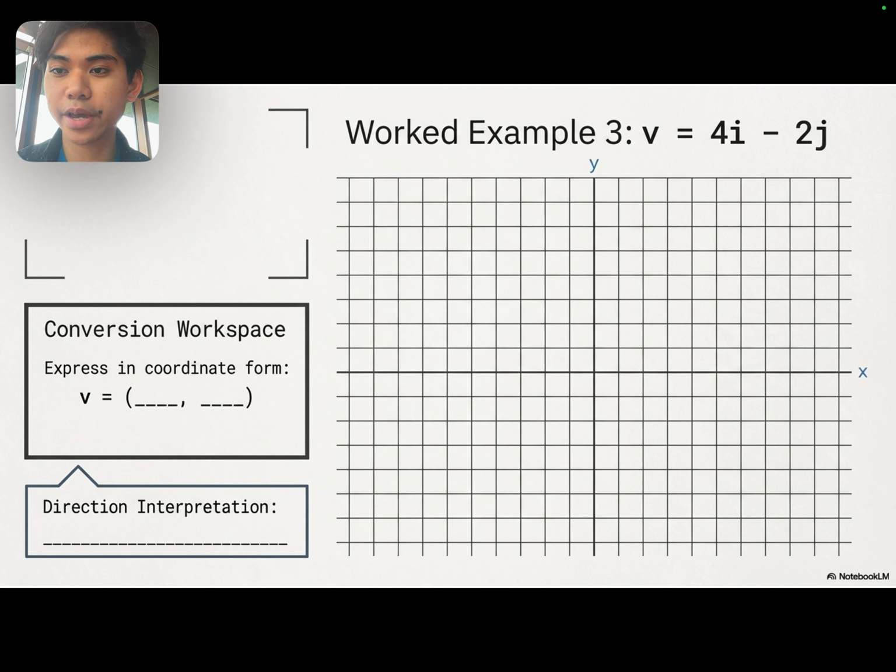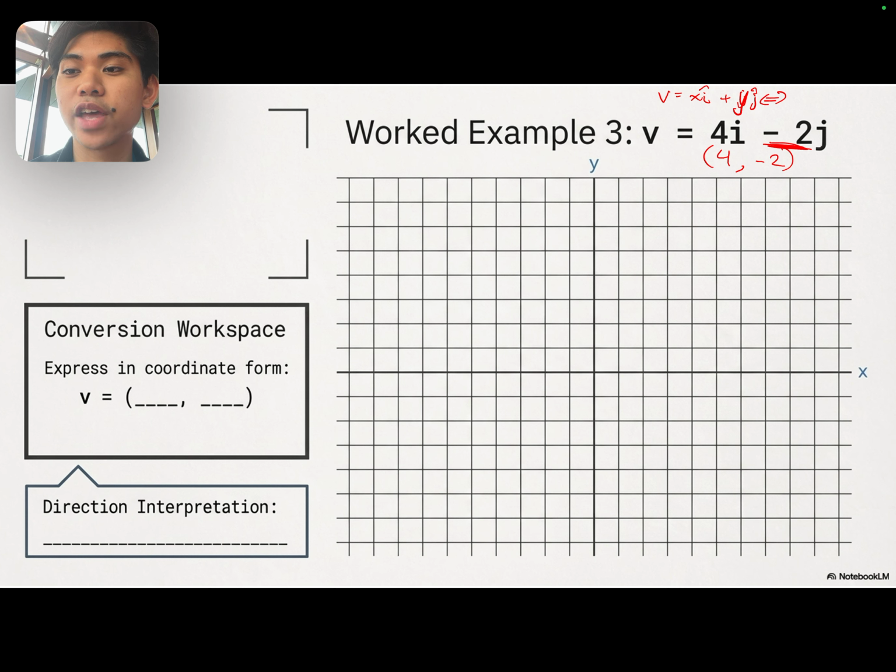So next example, we have vector equals 4i minus 2j. In coordinate form this time, so we're doing the reverse. We just take our i component, comma, the j component. Always remember your negatives and keep them there, because our vector standard equation is vector equals xi plus yj, where we can convert that between x comma y.